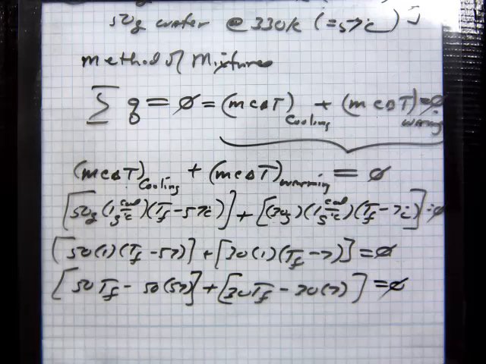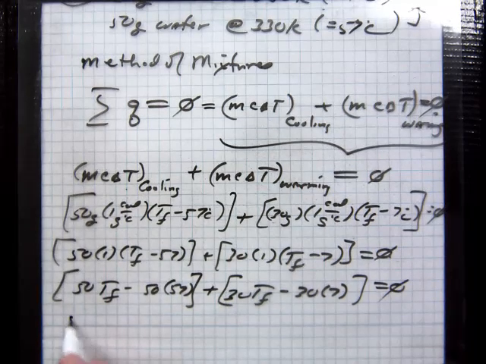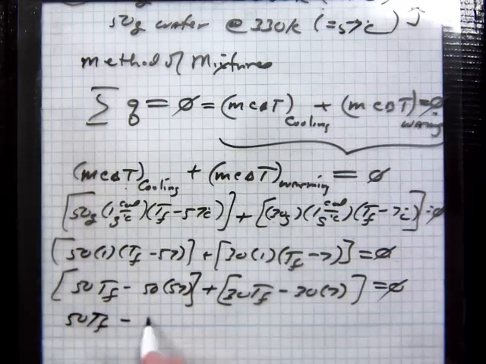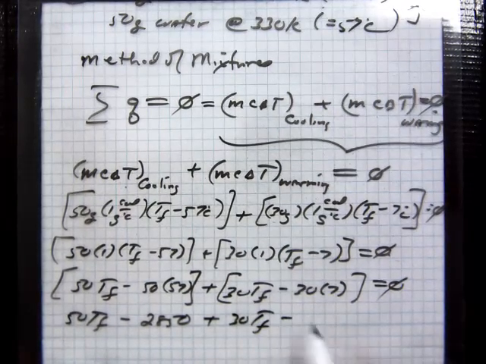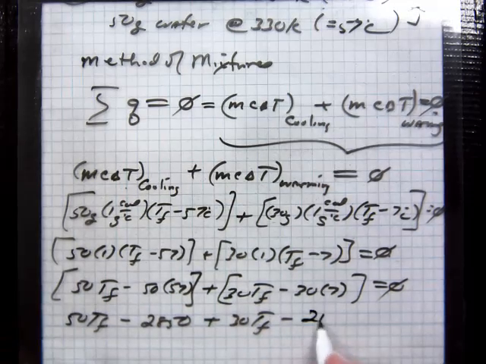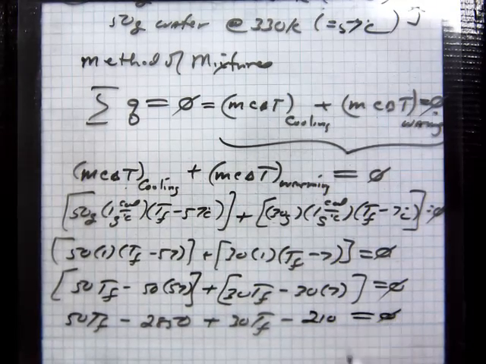So simplify your algebra, kind of keeping brackets in there. Maybe I'm old school. 57 times 50 is 2850. So I have 50 TF minus 2850 plus 30 TF minus 210. And all that's 0.